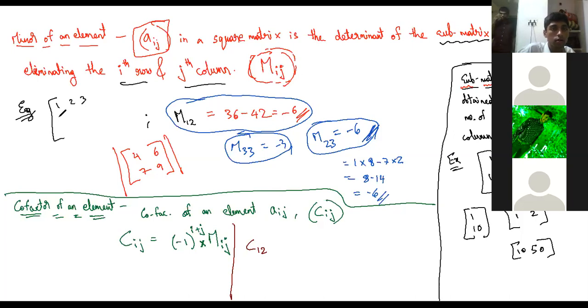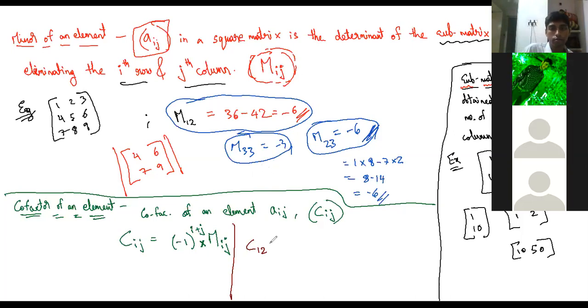Next C23 क्या होगा? What, sir? 6. 6. C33 -3. Minus 3. C23 will be 6. And C33 will be -3. How?